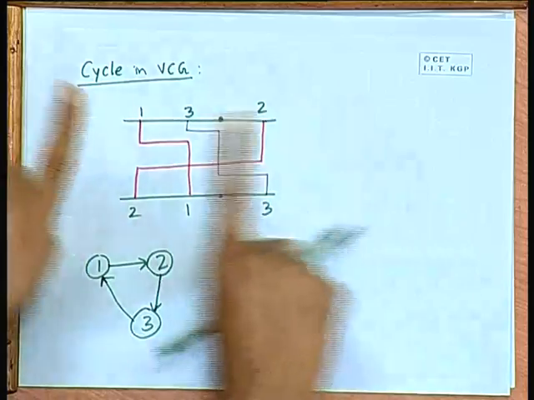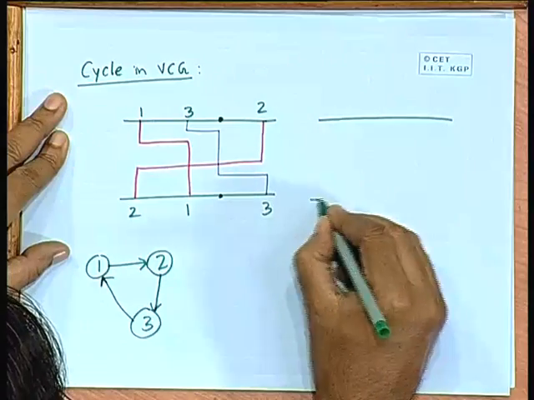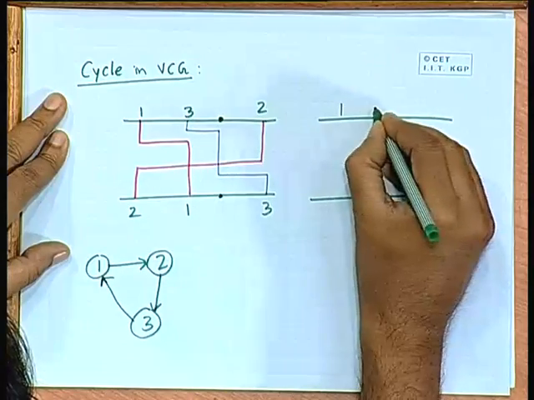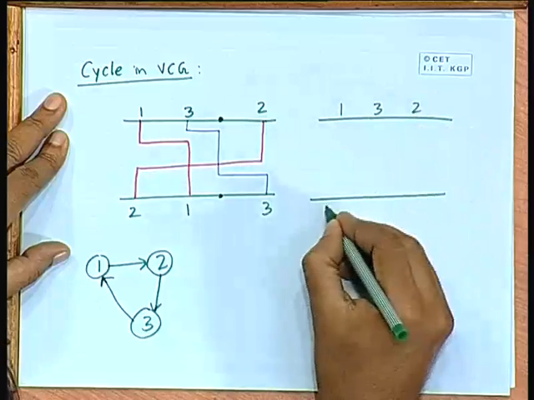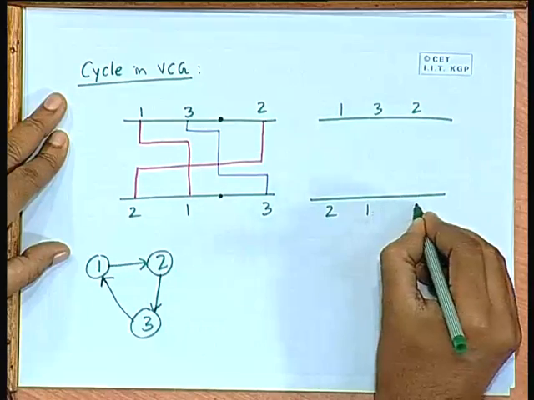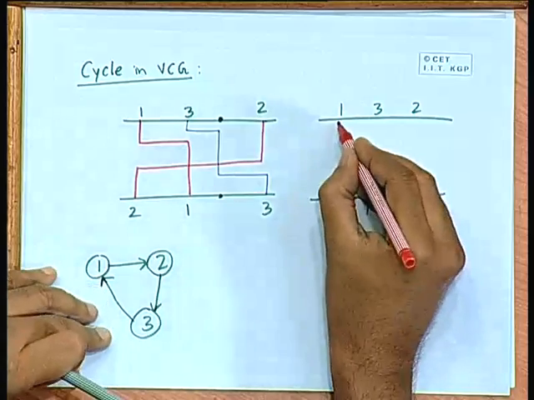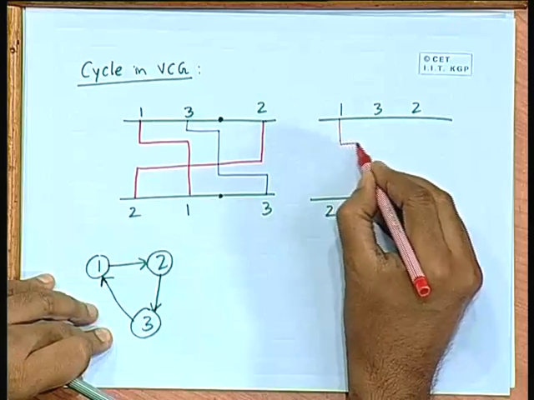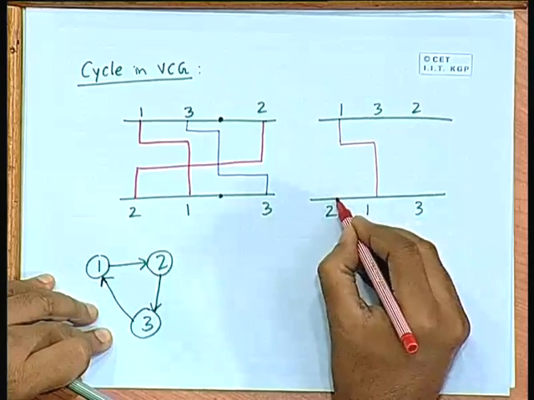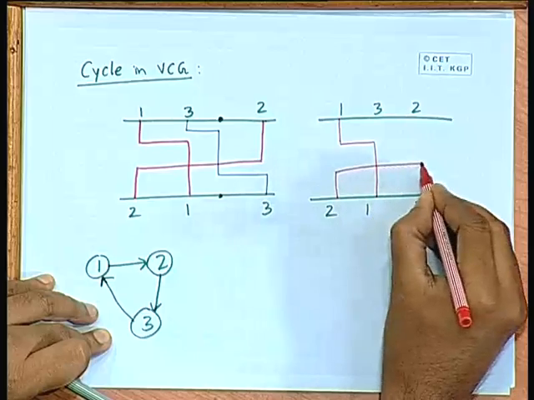But if the pins are already packed, there is no free column in between, then you will have to do something like this: 1, 3, 2, 2, 1, 3. Then the first 2 nets will be routed as usual: 1, 2, 1, 2, 2, 2.